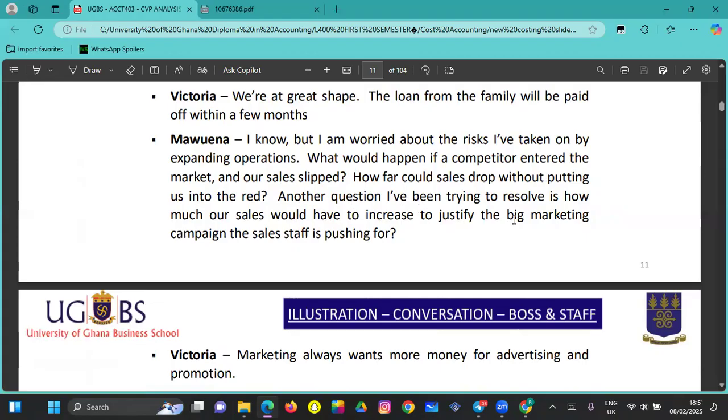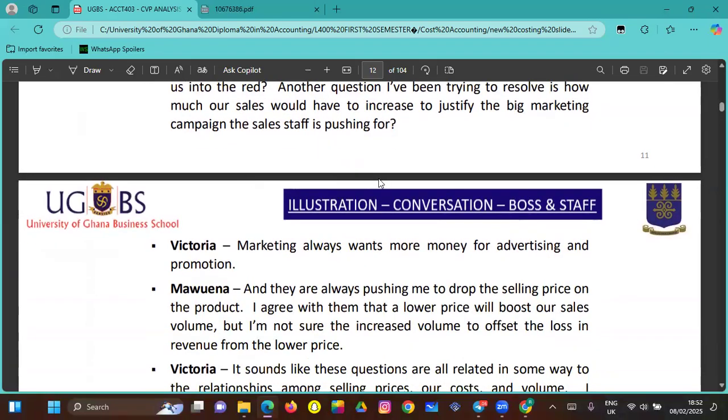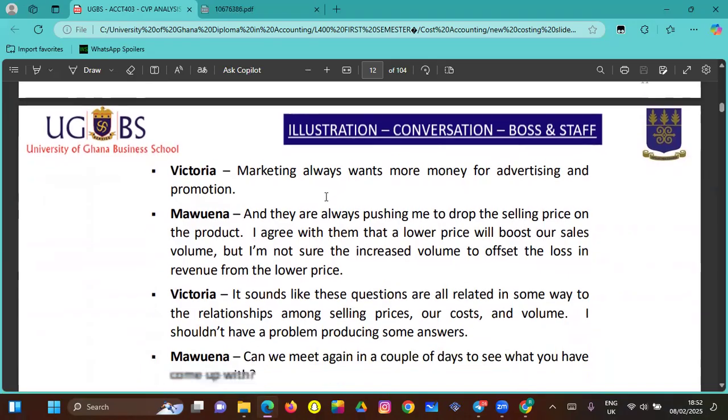Another question I have been trying to resolve is how much our sales would have to increase to justify the big marketing campaign the sales staff is pushing for. This is also the profit target in the case of CVP. Victoria is saying that marketing always wants more money for advertising and promotion.